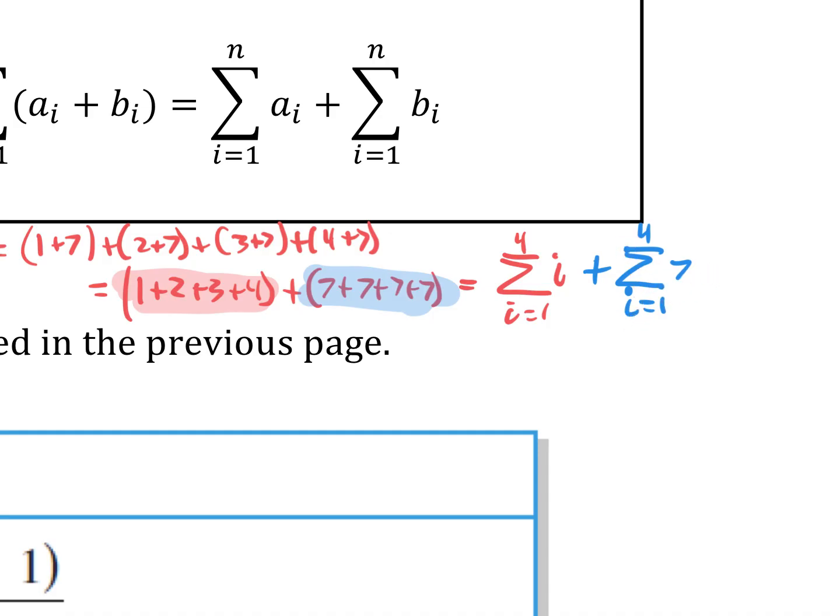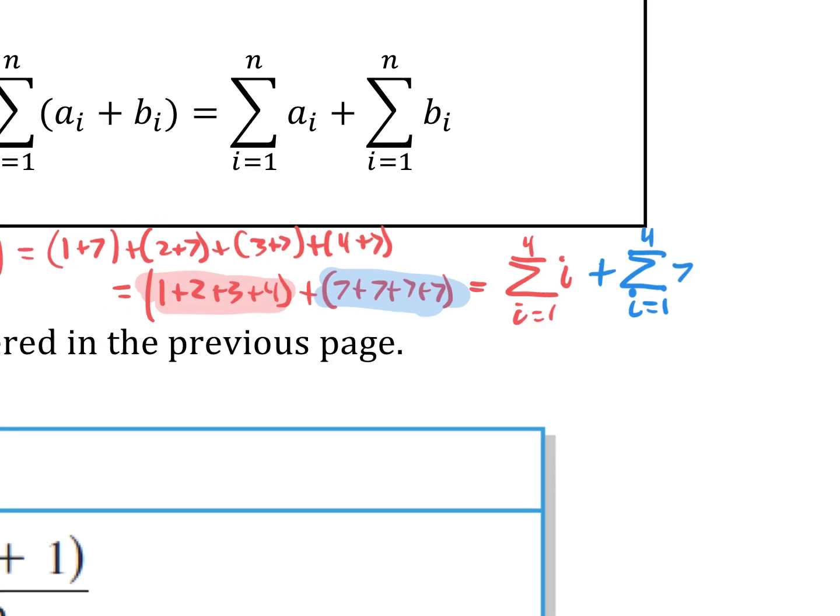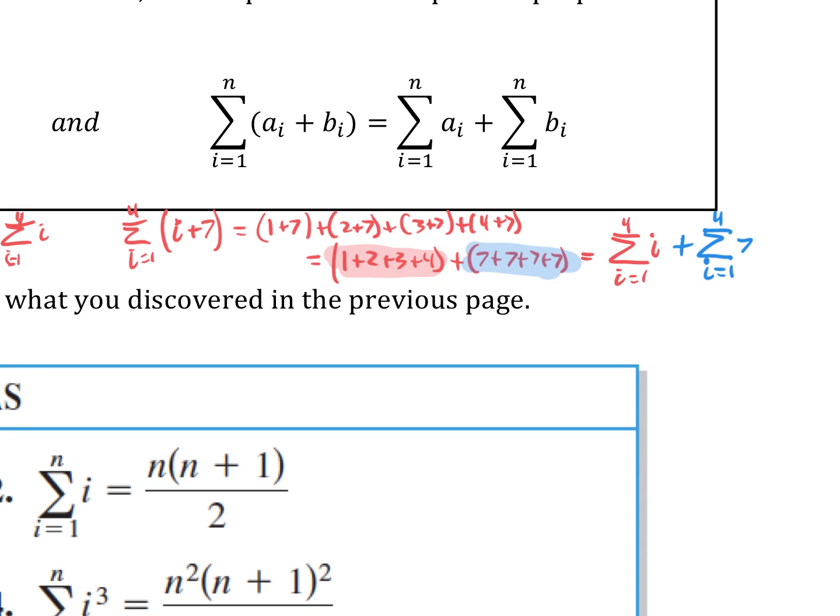There's 4 terms, 1, 2, 3, 4, and each one is 7: 7, 7, 7, 7. We'll talk about that shortcut in a second. But anyways, the point with this rule is that what we started with was i plus 7 in one summation, and we can break that into two parts. And that's nice because then we can deal with each part separately.